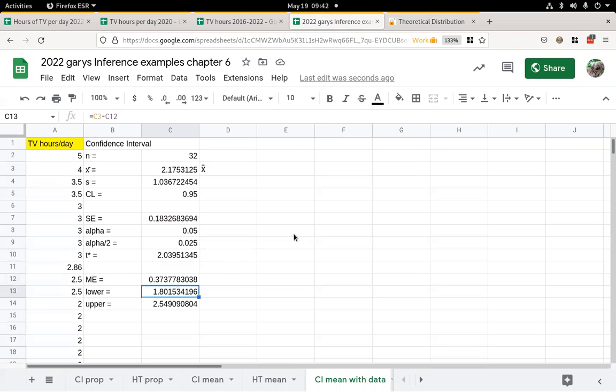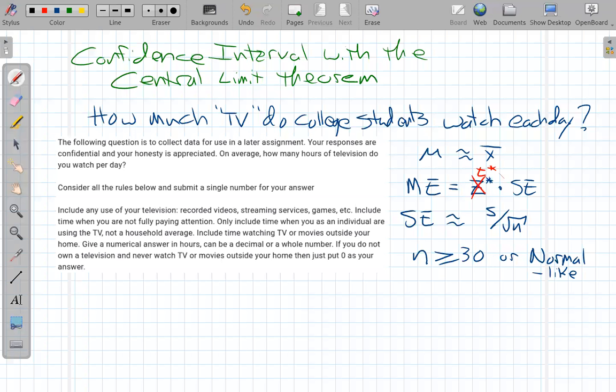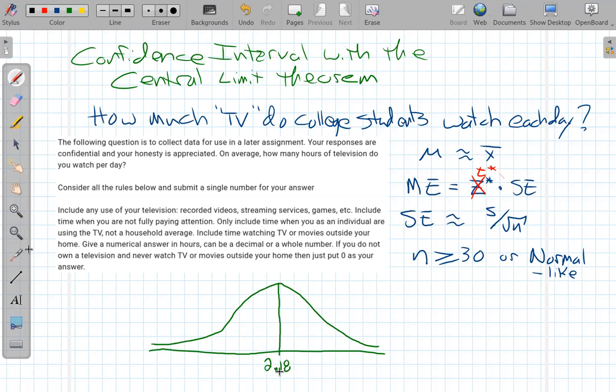All right, let's make a quick sketch of this. Putting this all together, I always recommend you sketch this out to make sure you get the values in the right spots. In the middle of our distribution is our sample mean, and that was about 2.18 to 2 decimal places. Now this is hours, and that's not 18 minutes, that's 18 hundredths of an hour.